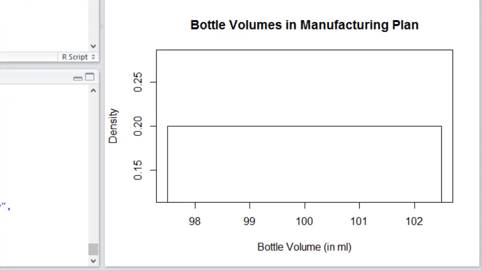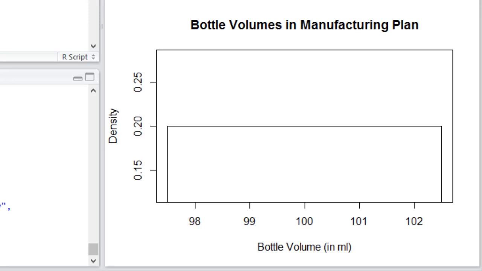Notice that the values range from 97.5 to 102.5, and the fact that the area is equal for every interval all the way from 97.5 to 102.5 means that any range of, say, 1 milliliter has equal probability.